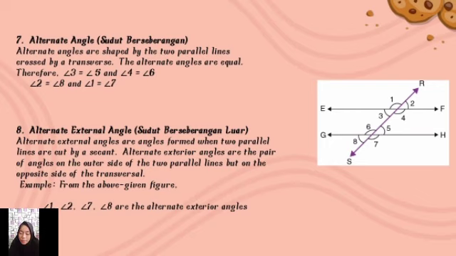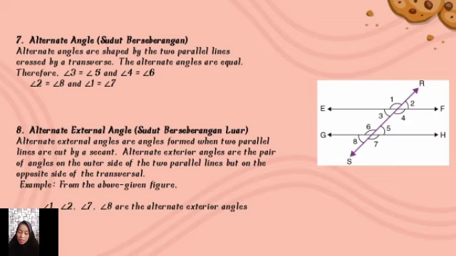Next, number 7. Alternate angle, or sudut perseberangan in bahasa. Alternate angles are formed by two parallel lines crossed by a transversal. The alternate angles are equal.